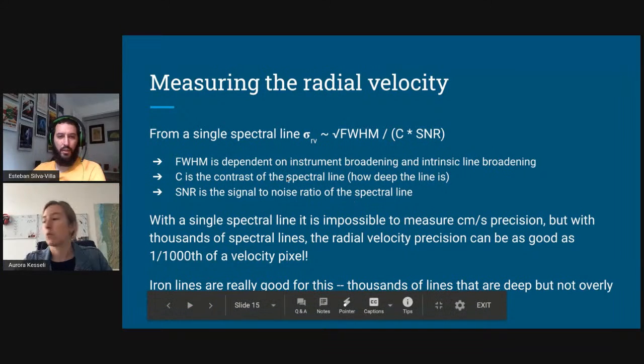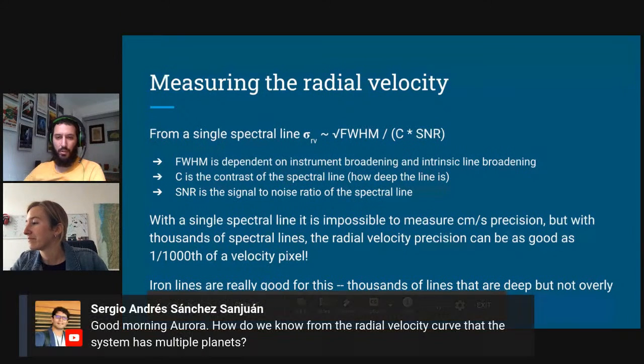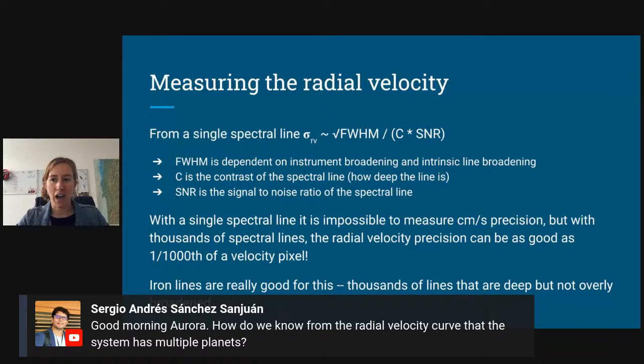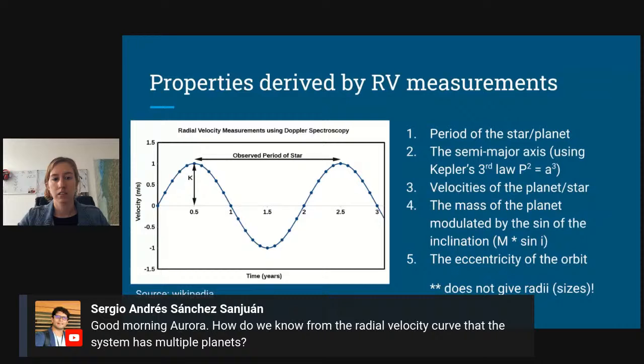Excuse me, Aurora. You have a second question. How do we know from the radial velocity curve that the system has multiple planets? That's a great question. I kind of glossed over what happens with multiple planets. In our nice plot like this is a single planet system, with a single radial velocity curve. But in a system that has multiple planets, it would look a lot messier.